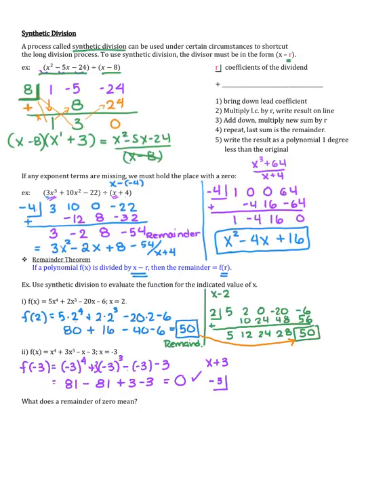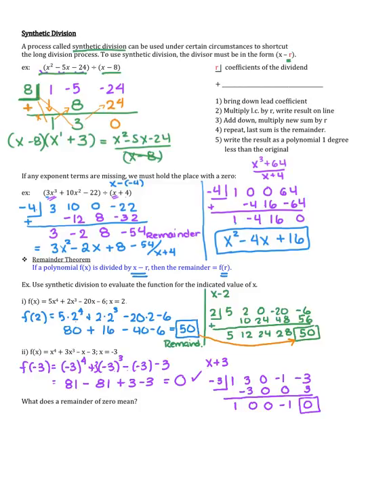So negative 3, and this will be a 1 for the x to the 4th, 3 for the x cubed, there is no x squared, negative 1, negative 3. So I bring down my 1, there's a negative 3, which is 0. That sum is 0. Negative 3 times 0 is still 0. Add those, I get a negative 1, positive 3. So there's my remainder of 0, but now I know my depressed polynomial.